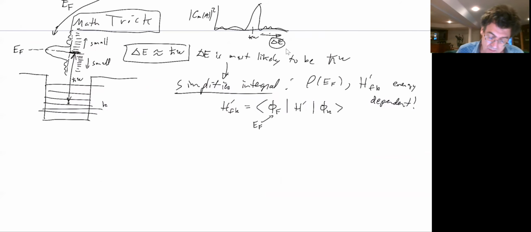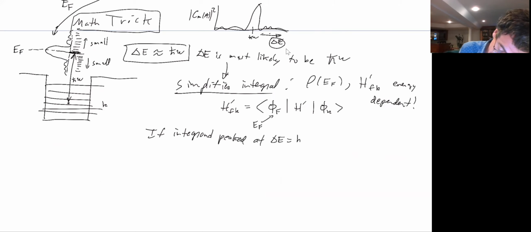But if my integral is strongly peaked at a final energy of h bar omega, then those expressions simplify. If the integrand is peaked at delta E equal to h bar omega, then we can say that rho of EF is approximately equal to rho at the initial energy plus h bar omega.